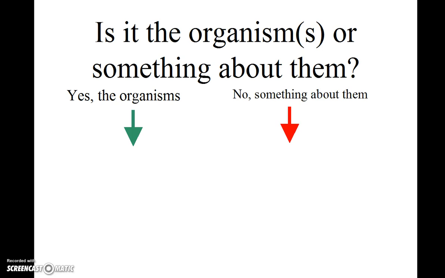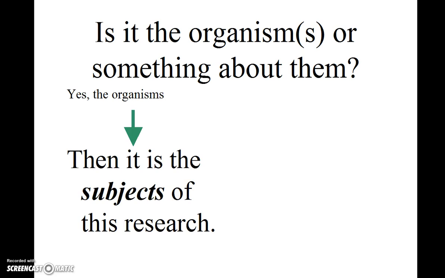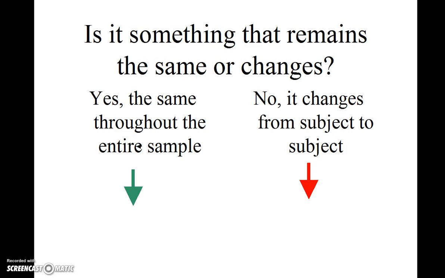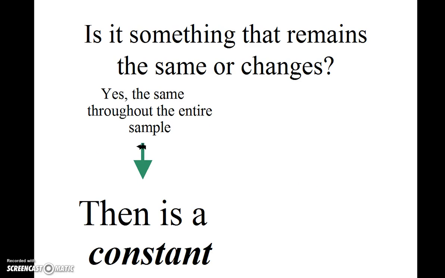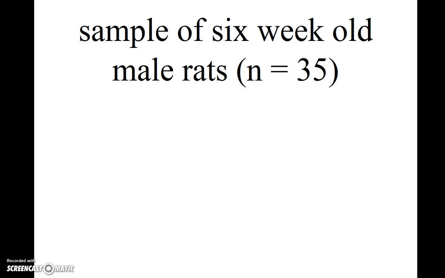If it describes the organisms, then that would be the subjects of this research. Now, if it is the same throughout the entire sample, then that would be a constant.